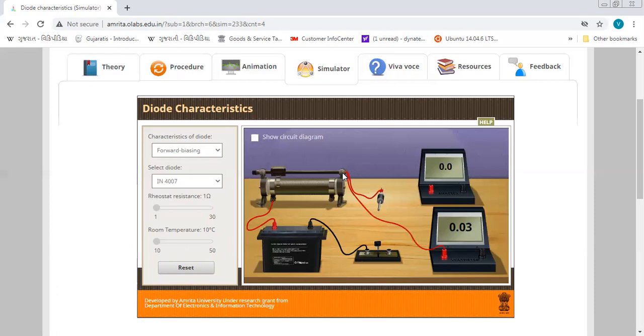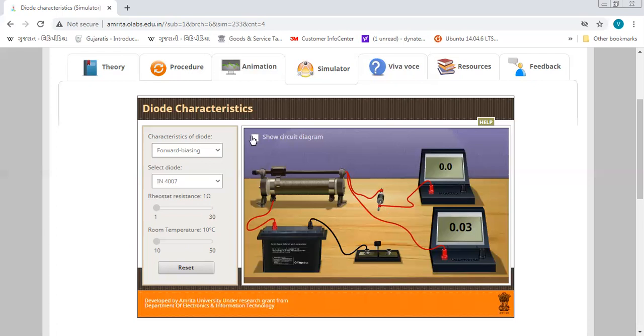Now we will connect the negative terminal of the PN junction diode to the positive terminal of the ammeter.